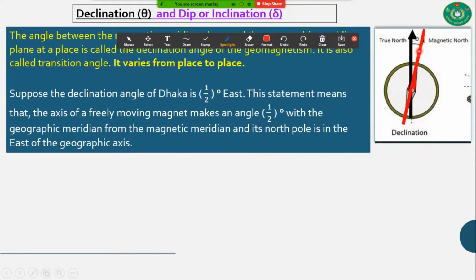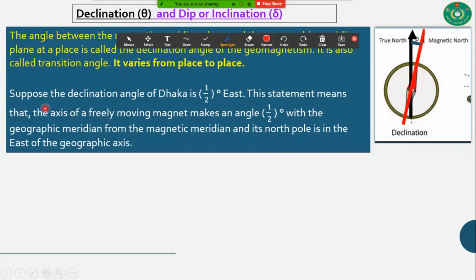Here is a deflection that is defined by theta, and it is called declination. And since this declination is on the west side of the geographical meridian, it is defined as some degrees west.